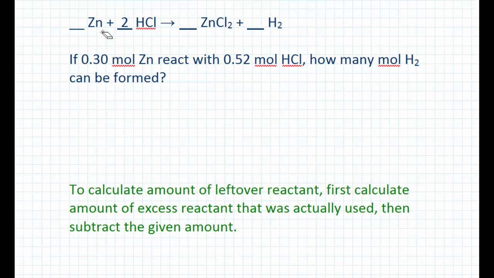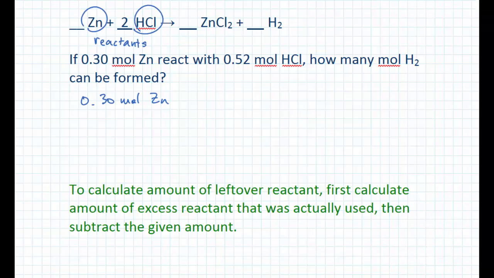So let's do just a real simple one with moles. If 0.30 moles of zinc react with 0.52 moles of HCl, how many moles of H2 can be formed? But again, we're given 2 reactants. Zinc and HCl are both reactants. And anytime you're given information about multiple reactants, you have to figure out which is the limiting reactant. So we need to set up 2 calculations.